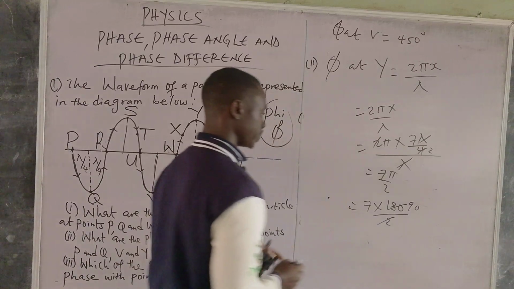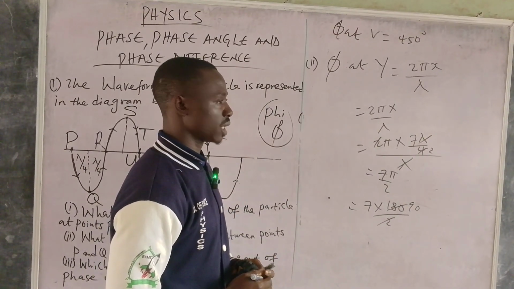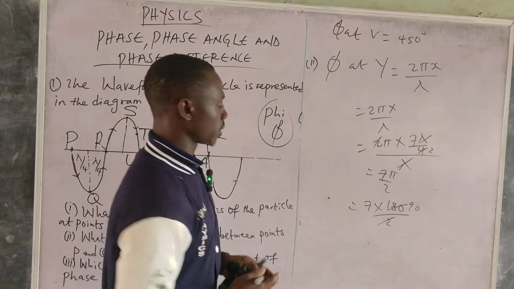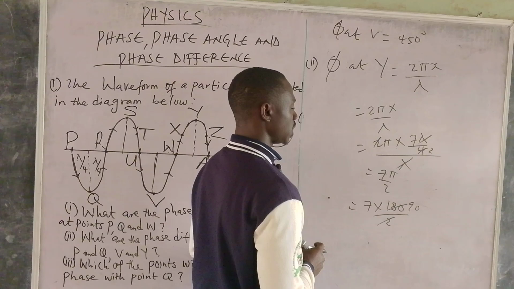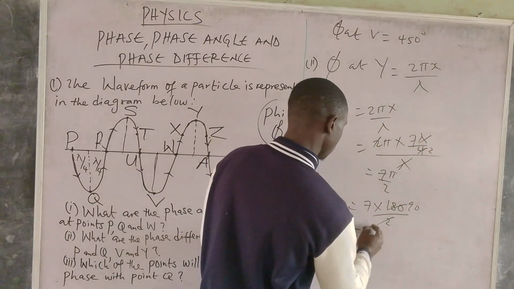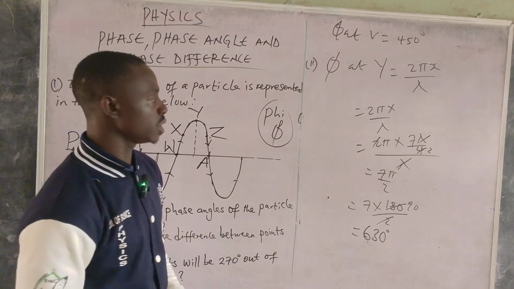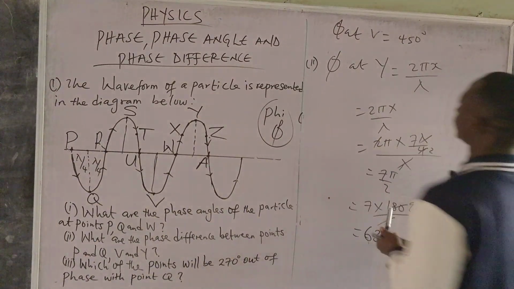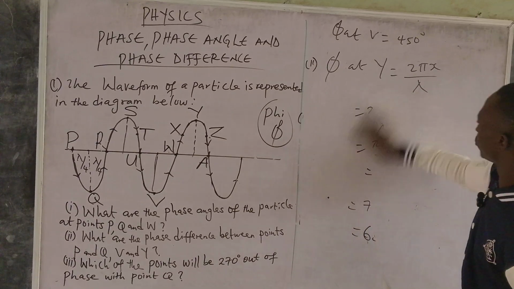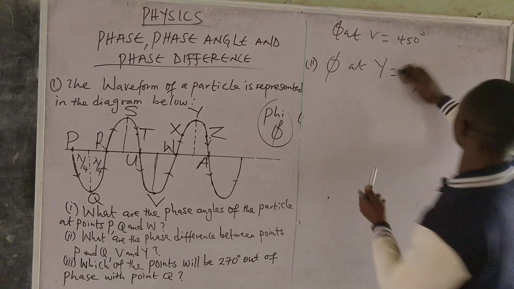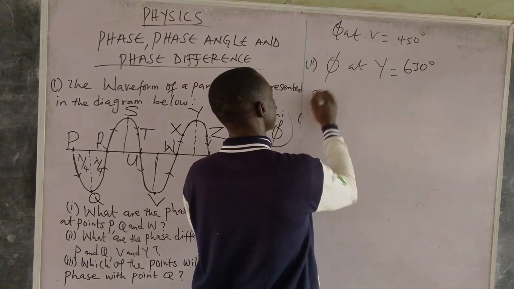So 90 times 7 is 630 degrees. It means our phase angle at Y is equal to 630 degrees. So what's the phase difference?